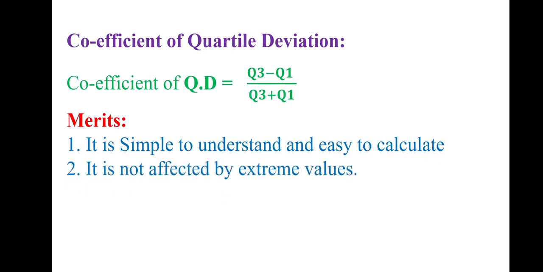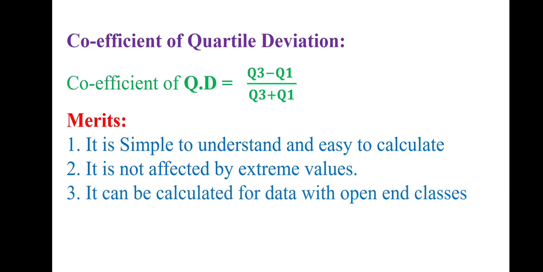It is not affected by extreme values. In range we saw that the maximum value and minimum value are considered, that is two extreme values, but in quartile deviation it is not required because it is a positional value. It can be calculated for data with open-end classes, because it is not possible only for closed intervals.